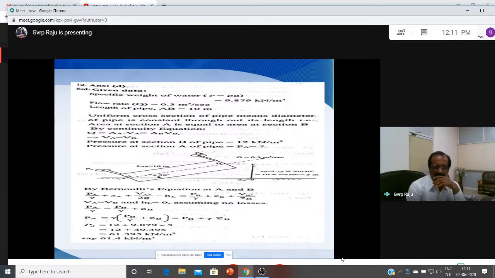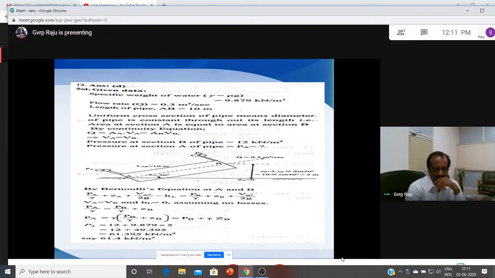So that is the datum. The only intelligent point in this is you need to find this datum using the length and the angle. That is the only change. 10 sin 30 is 5 meters here.